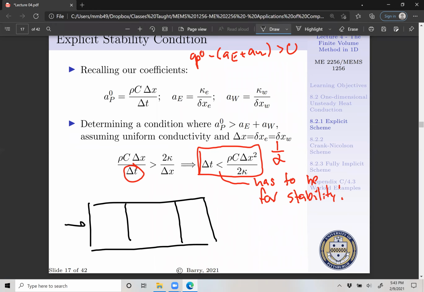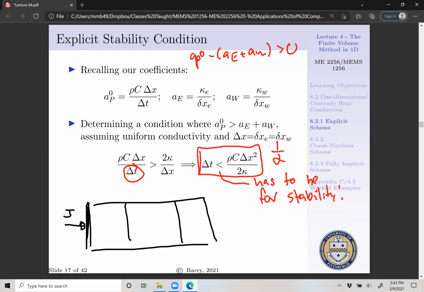If we're trying to pass information here, J, about a flux, we want J to go from here and at most to our next interface, such that we can determine what's happening in our cell center. Now, if we send J through in our next time step, it has already moved down here. We've lost information about the interior of our cells. That is, you're passing the information too quickly through your domain. And that's why the explicit scheme for stability needs incredibly small time step, or we're going to begin to generate physically unrealistic results.